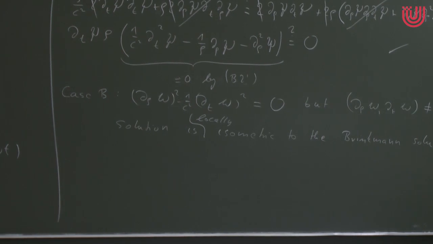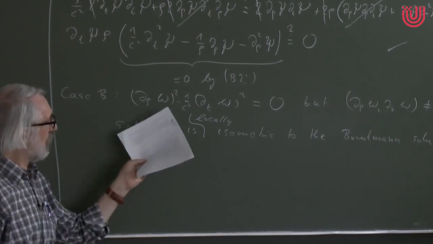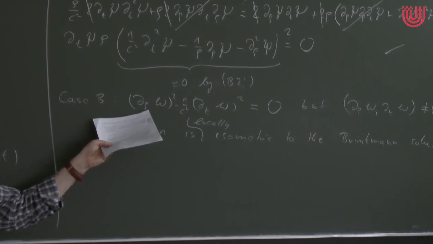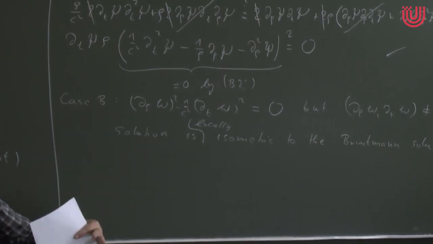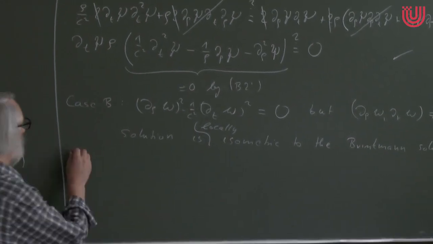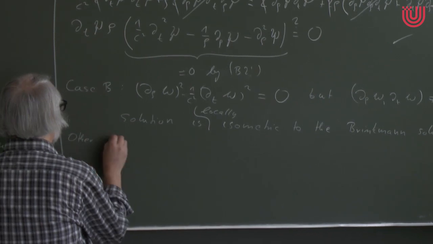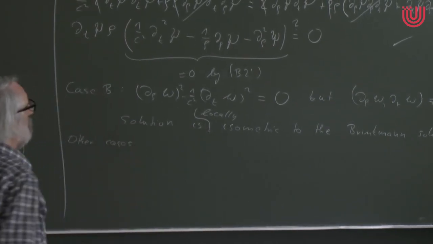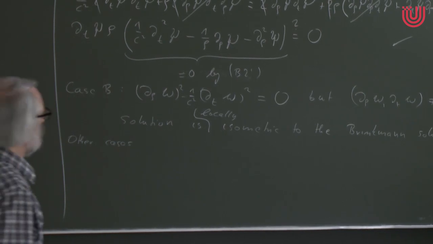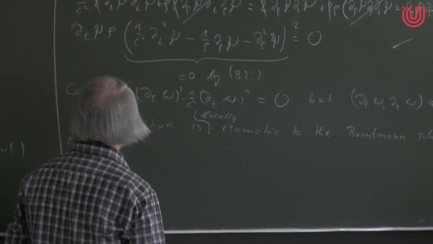And of course, there are two cases left. There's a case left that the gradient is time-like, and there's a case left that it changes its causal character from time to time. And these other cases have also been discussed, but not in so much detail as these two cases.